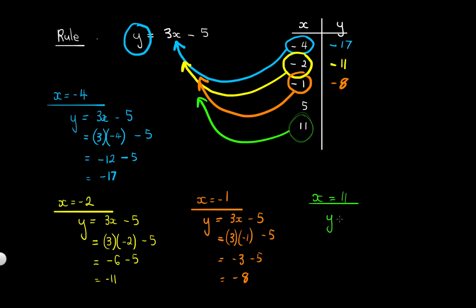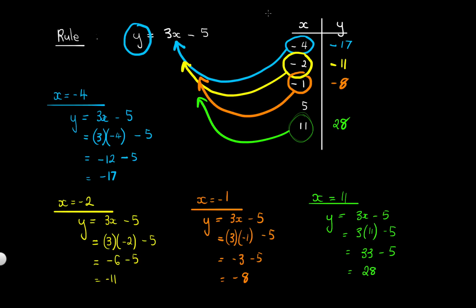So we write down our equation first. y equals 3x minus 5. So that will equal 3 times 11 minus 5. 3 times 11 is 33. Take away 5 is 28. So the answer there is 28.